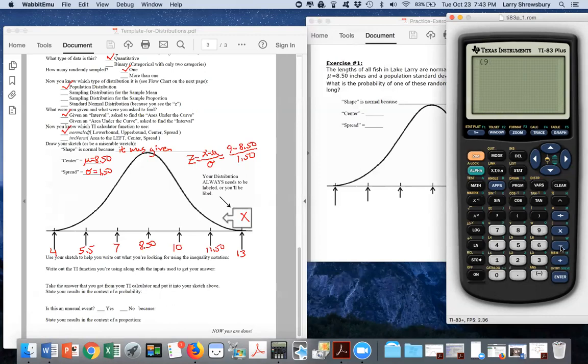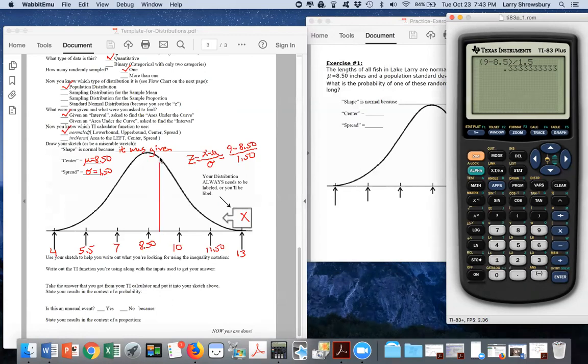So we got 9 minus 8.5 and divide that by 1.5. Yep, just as we thought, that's 1/3 of a standard deviation above the mean. So I'll go ahead and accurately put that in. That looks like about 1/3 to me.